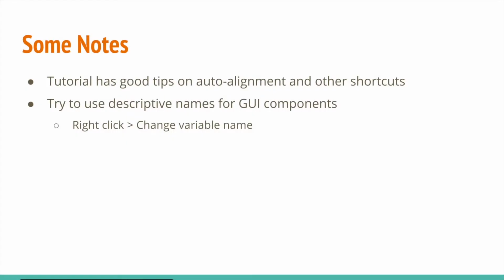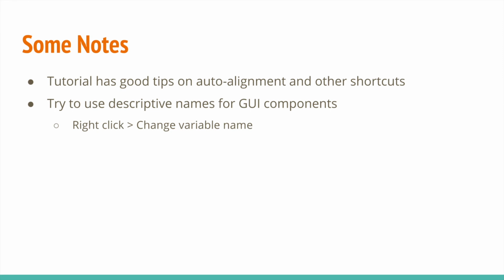So again, just a couple of notes to think about. The tutorial that I've linked to has some really good tips on auto-aligning components and a bunch of other keyboard shortcuts that will probably be really useful to you as you go through designing your user interface. And these are some things that I would consider, even if you're not developing in Java, knowing how to do in whatever programming language that you're going to be developing in.